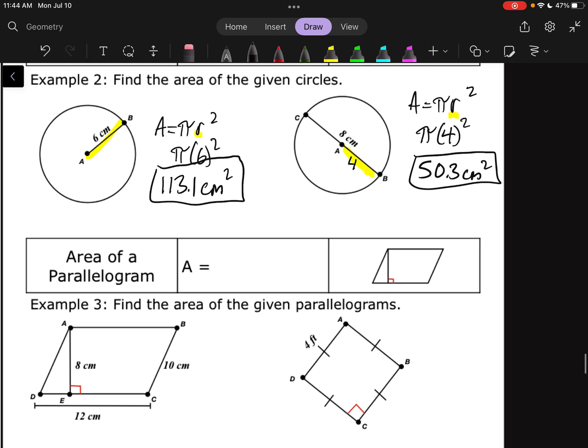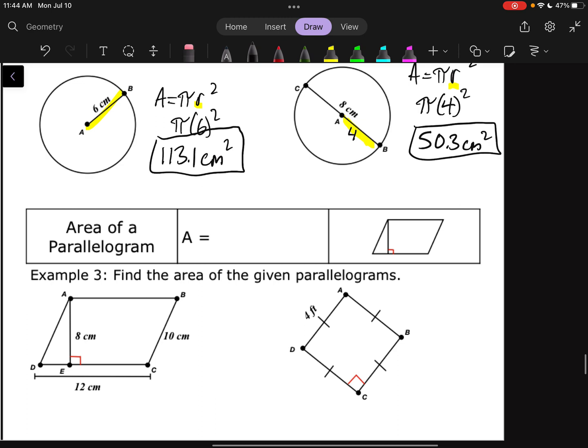All right, moving right along, parallelograms. So this parallelogram formula can be used for all types of parallelograms. So it could be used for a rhombus, it could be used for a rectangle, it could be used for a square. Remember, all of those are special parallelograms, so all of them can use the same formula of just BH.